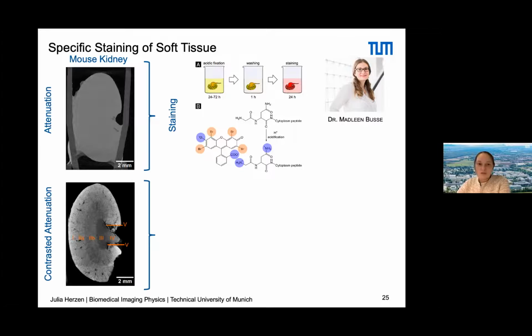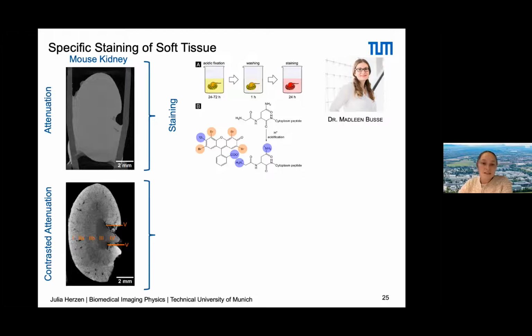For example, take the standard H and E, hematoxylin and eosin stain, which is often used in pathology. It's well known that the H is highlighting the cell nuclei, and the eosin is highlighting the cytoplasm.